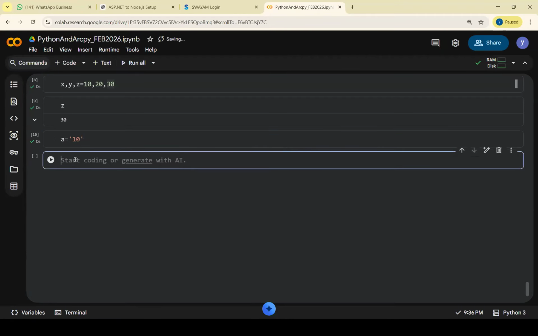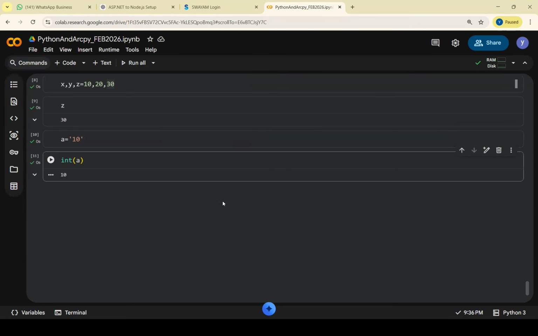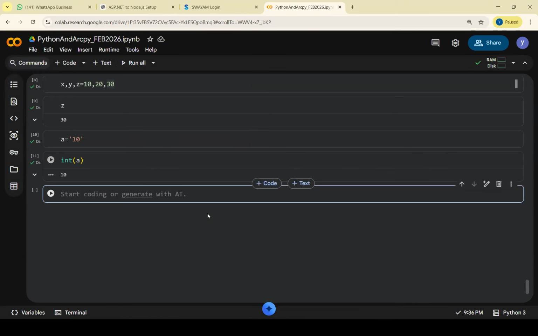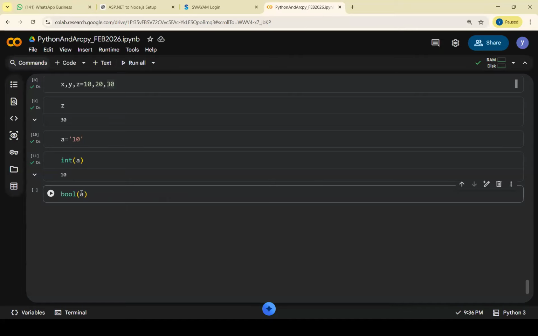Currently this is a string, so we can write int(a), and it will give you an integer value. So sometimes someone asks, if I write bool, I want to convert a to boolean. And as you know, there are only two possible values in boolean.